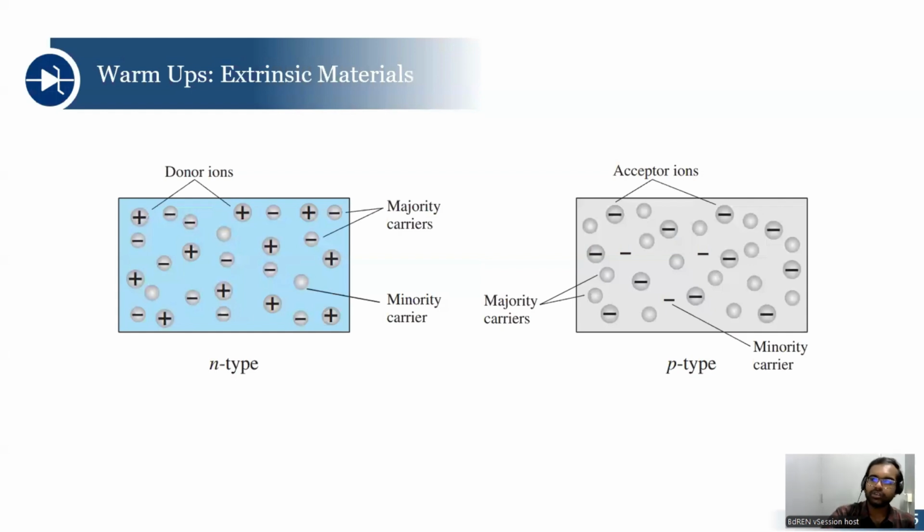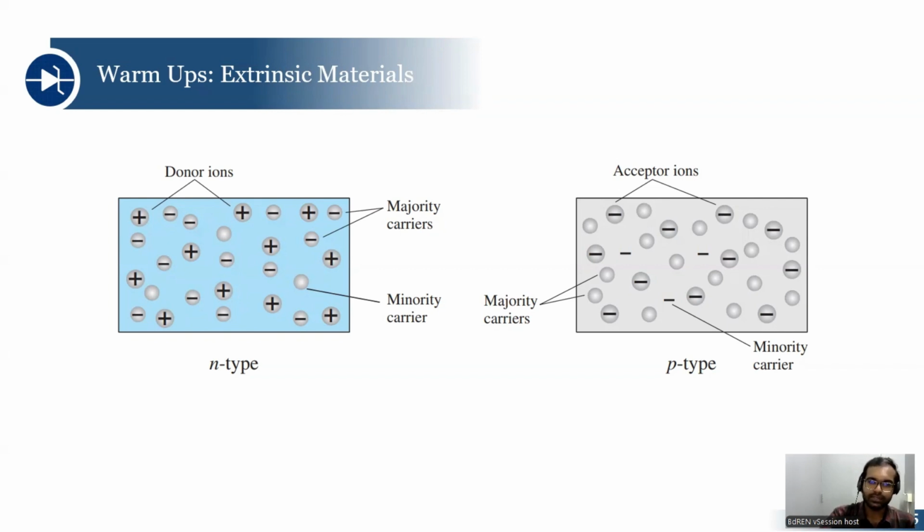To have a greater control on the conductivity of such semiconductor materials, we adopt a technique that is called doping. Doping is simply adding some impurities in the semiconductor materials. For example, let's say we add a pentavalent atom in the silicon crystal.